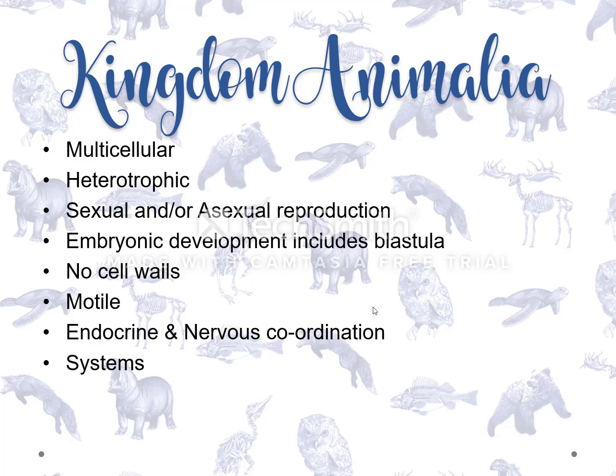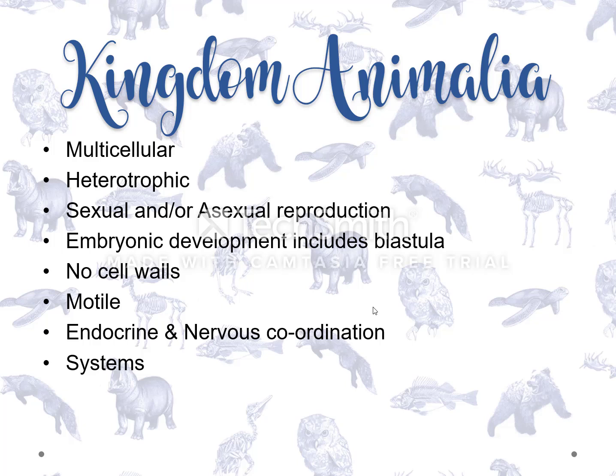No animals have cell walls. That's something you also learned in grade 9. Plant cells, cell wall. Animal cells, no cell wall. And animals are all motile. They are able to move from place to place in comparison to plants that are sessile.